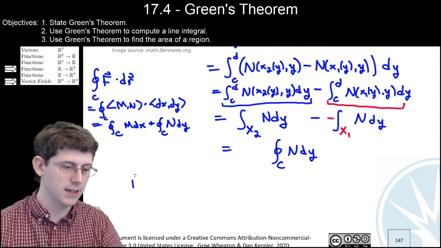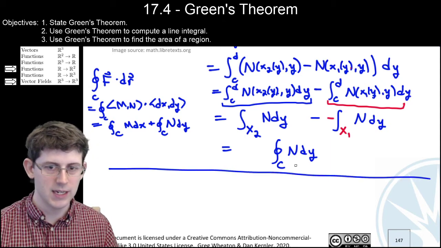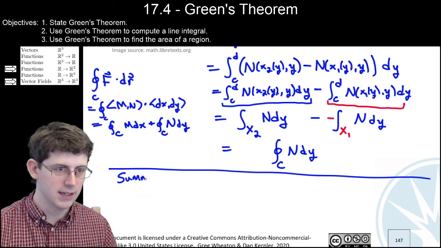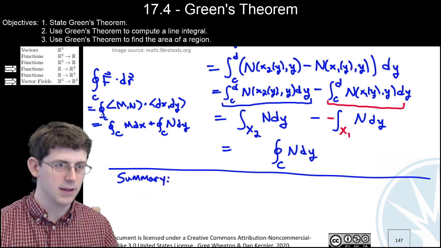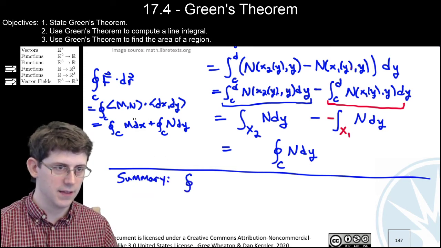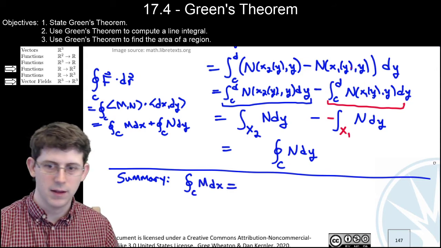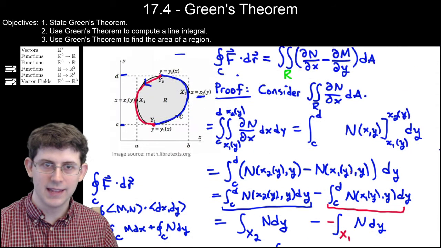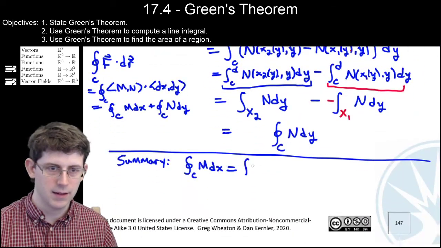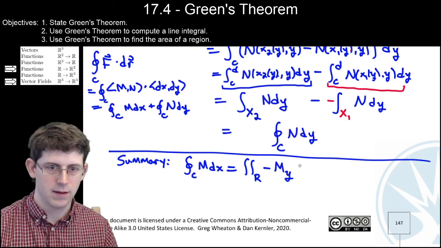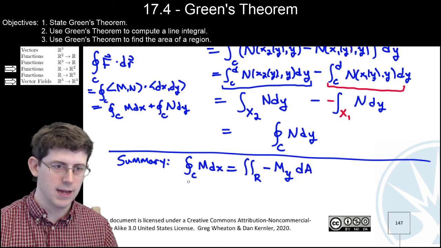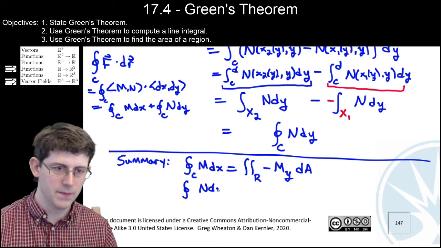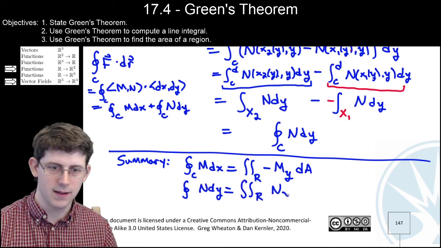So what's the summary? The summary is that the m dx part equaled the part that had the m. And the n dy part equaled the part that had the n.